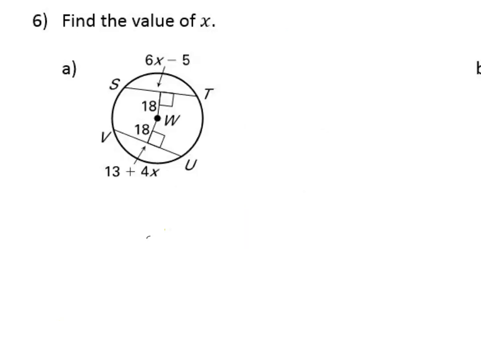The next couple problems are a little bit more involved. Now they actually want me to solve for x. So in this problem, the first thing I notice is that from the center of my circle to these two chords, that distance is the same, 18 and 18, which tells me, based on the theorem we mentioned earlier, the equidistant chords theorem, that these two chords, ST and VU, must be equal in length.